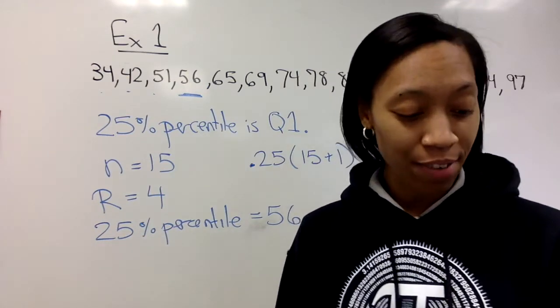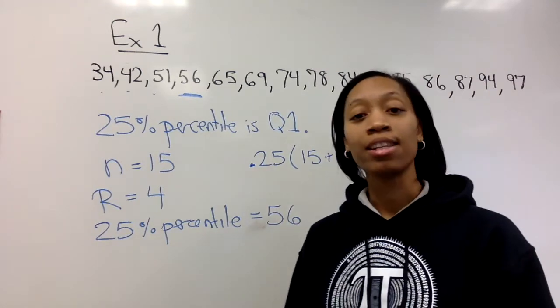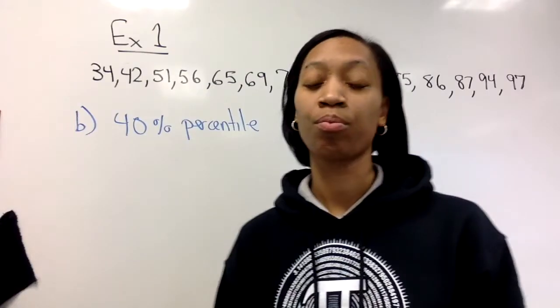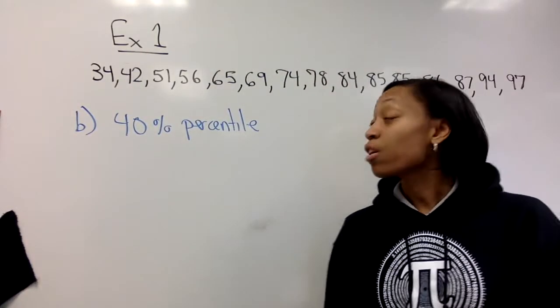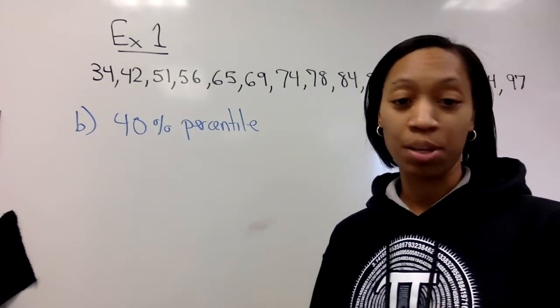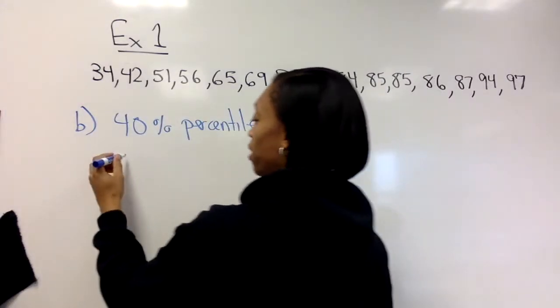Let's see if we can find, instead of the 25th percentile, the 40th percentile of this data set. In order to find the 40th percentile, I'm going to start by counting up the things. Again, I have 15, so n is 15.